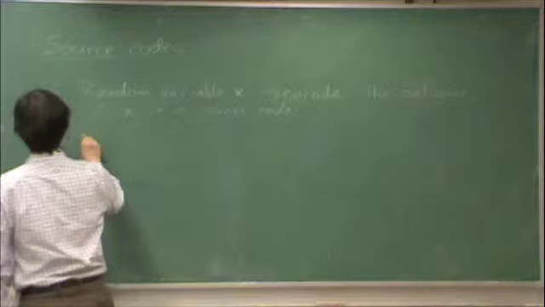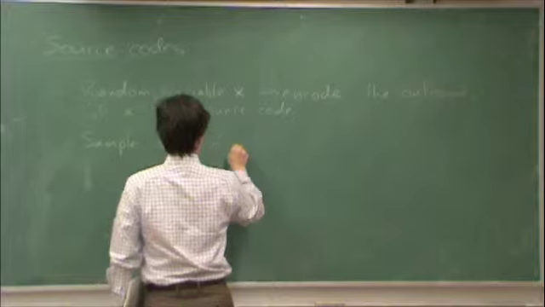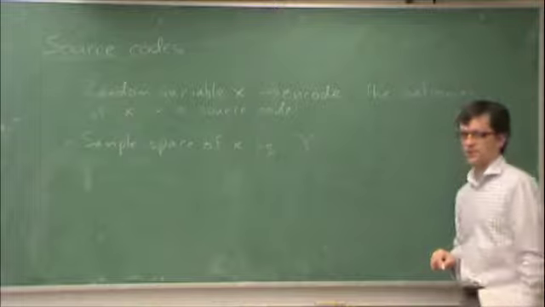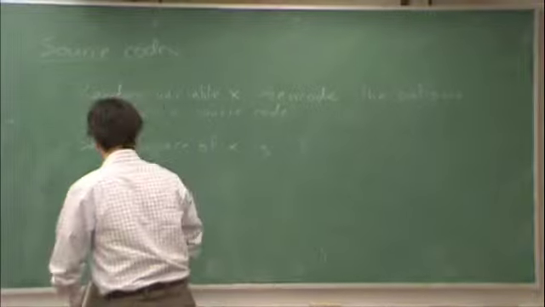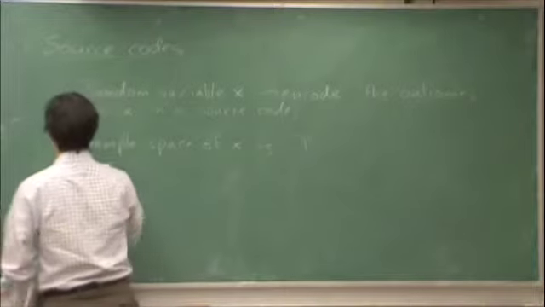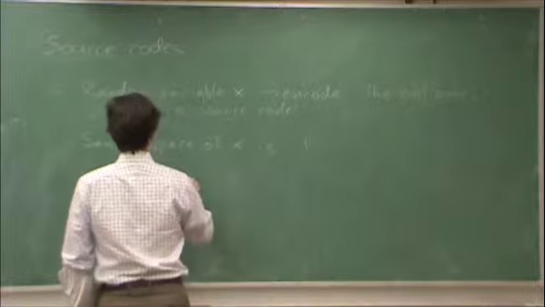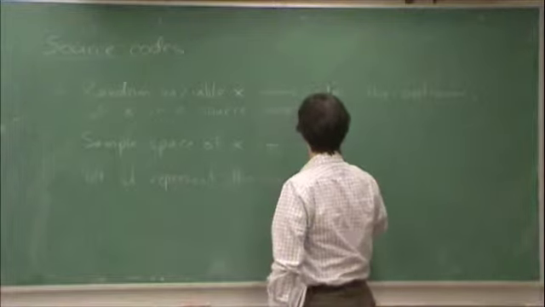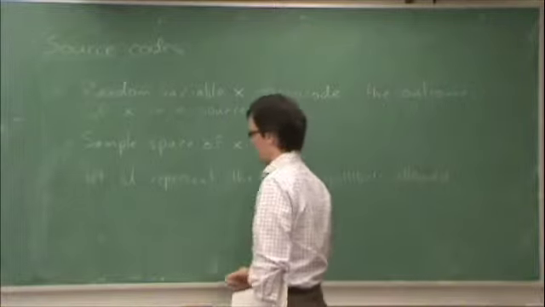So the sample space of X is the set script X. This is the set of possible outcomes of the random variable X. And we will let U represent a set of symbols allowed on the channel.